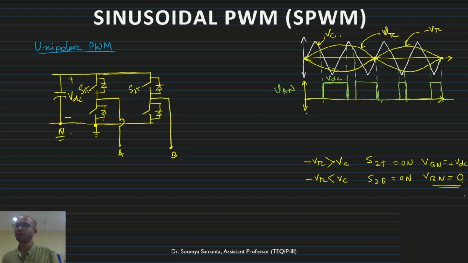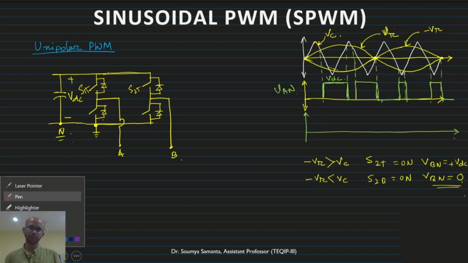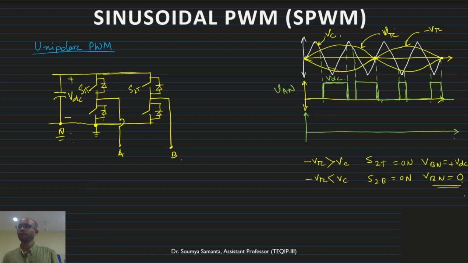Now similarly, we can draw VBN here. Let me find out what the VBN is. The condition is the same: whenever minus VR is greater than VC, then we will get the pulse. That means here we will get the pulse.